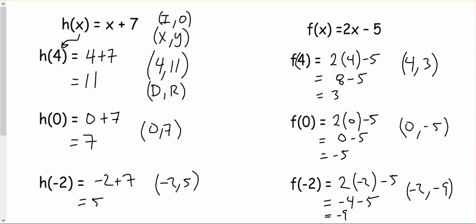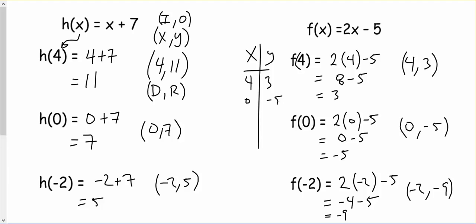And we could make an x, y t-table or a chart with these values. Here's an x, y t-table, and that's just listing these numbers. When x is 4, y is 3. When x is 0, y is negative 5.